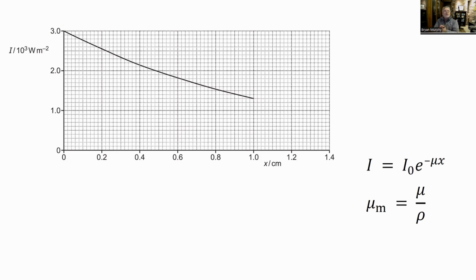So what is more important than the attenuation coefficient, which is called the linear attenuation coefficient, units in this case per centimeter.